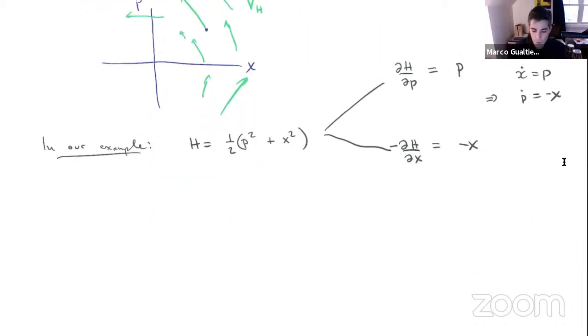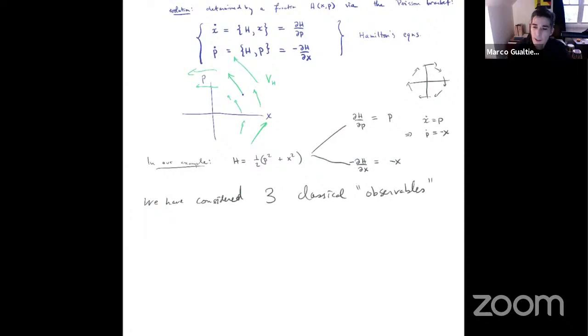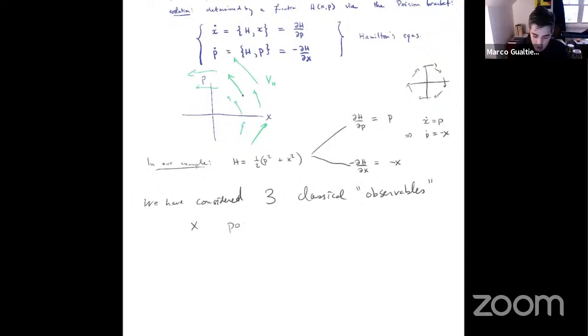Okay, so I just want to zoom out from this a little bit and look at what we have dealt with in this example. So we have considered three classical observables. The three observables are the position of the mass, the momentum, and the energy, the total energy.